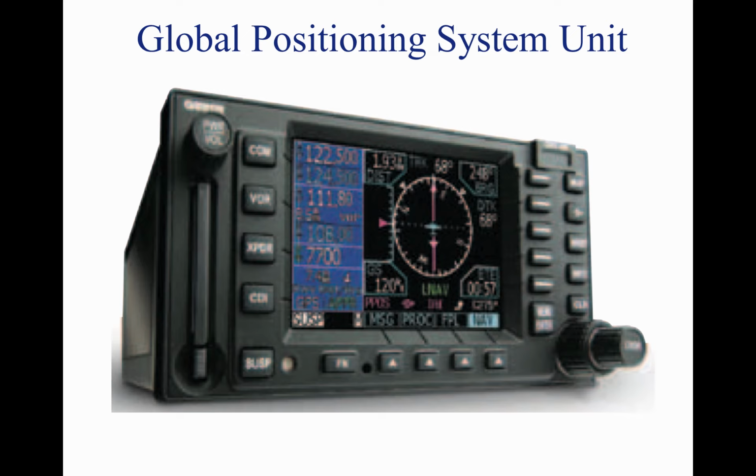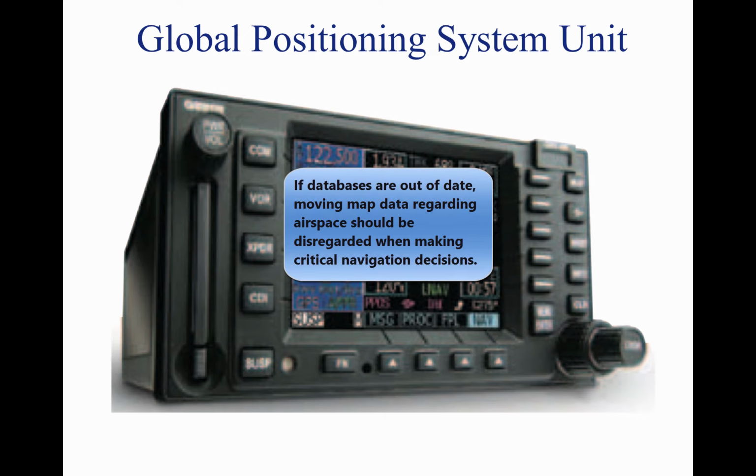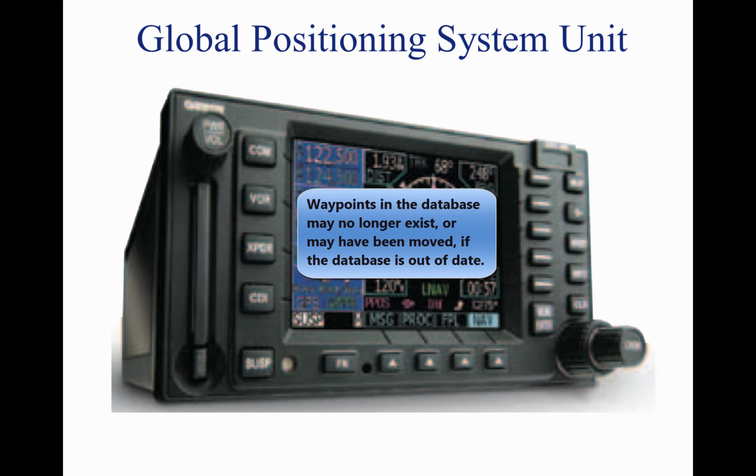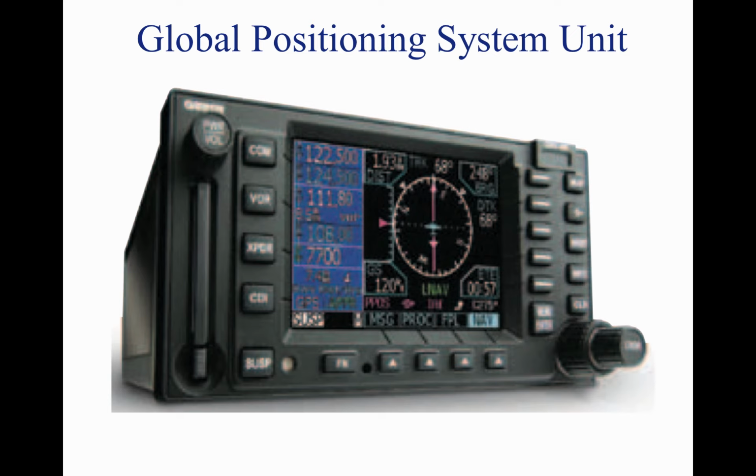If an update of an expired database is not possible, disregard any moving map display of airspace for critical navigation decisions. Be aware that named waypoints may no longer exist or may have been relocated since the database expired. At a minimum, the waypoints planned to be used should be checked against a current official source, such as the AFD or a sectional aeronautical chart.